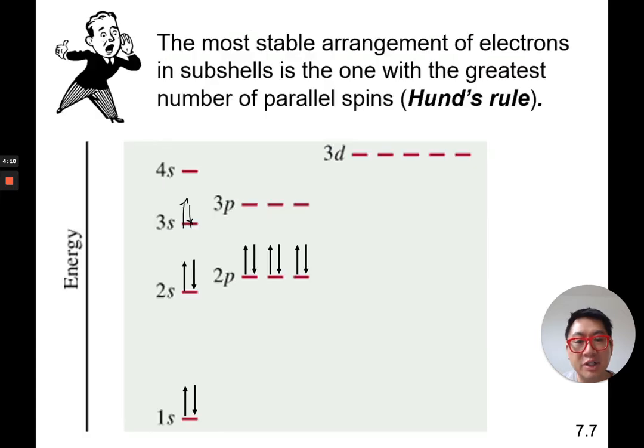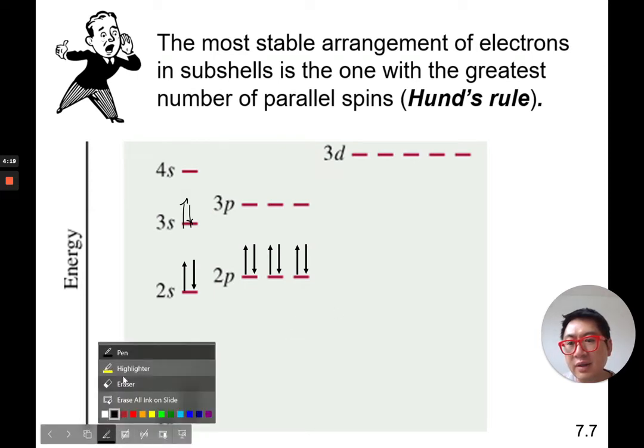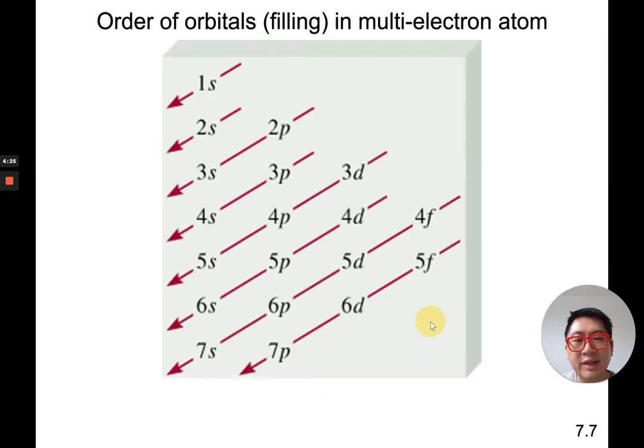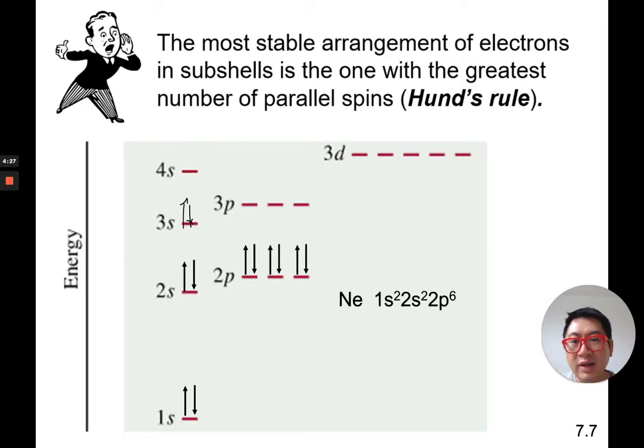So the electron configuration would be 1s2, 2s2, 2p6, and now we would have 3s2.